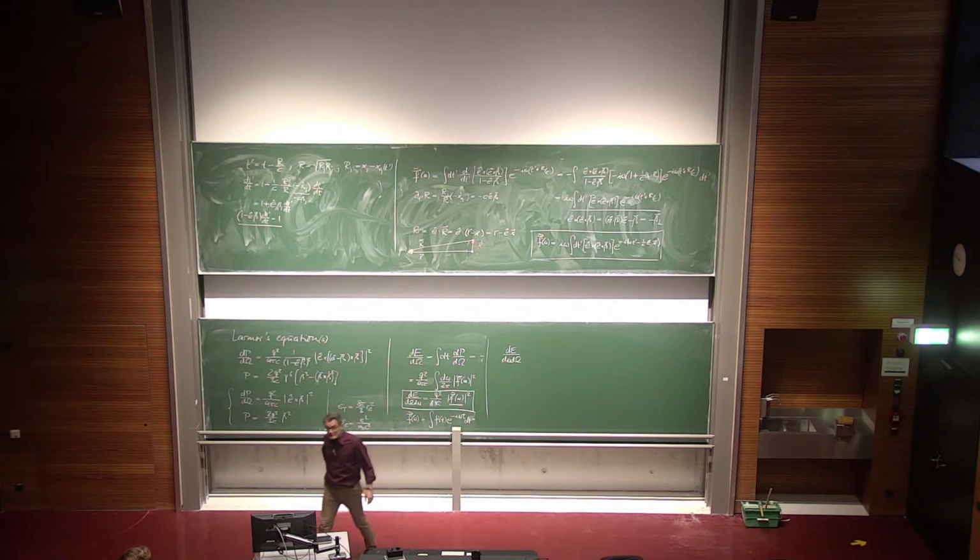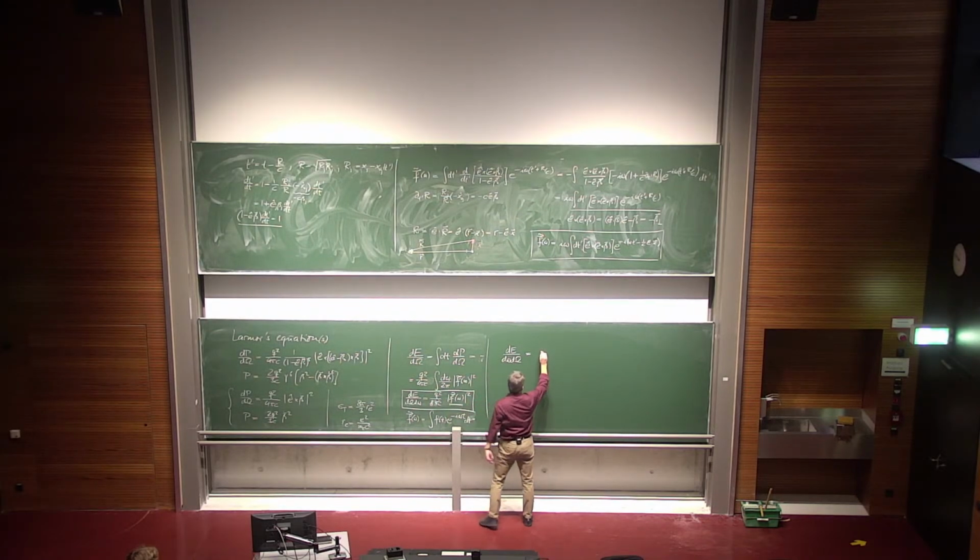It's a solid angle differentiated expression for the received spectrum, q squared divided by 8 pi squared c, hope this is correct.